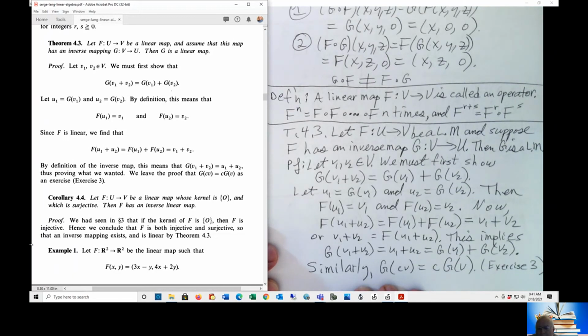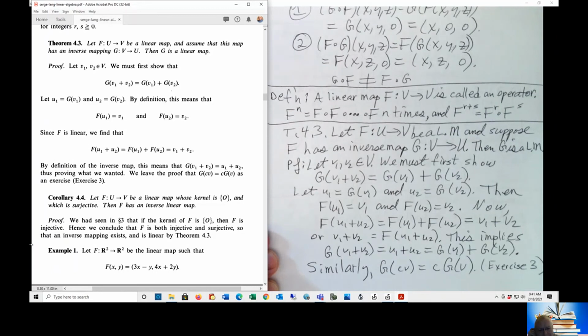So we need to start with two vectors in V. So let V1 and V2 be two vectors in V. We first must show that G of the sum, V1 plus V2, equals G of V1 plus G of V2. And then similarly, you would have to show scalar multiplication.